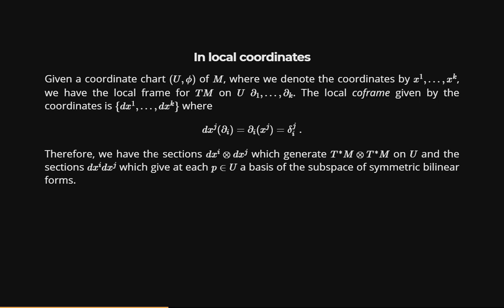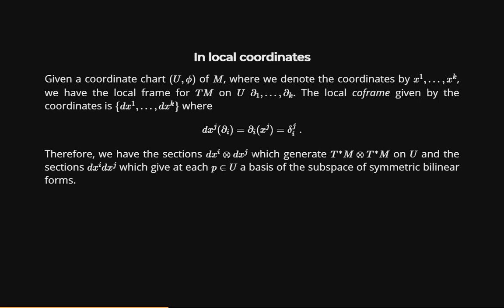So we have sections dxi tensor dxj. So you remember, if you have two elements of the cotangent space, the tensor product is the function that acts on pairs of vector fields, calculating the first element on the first vector field times the second element on the second vector field.